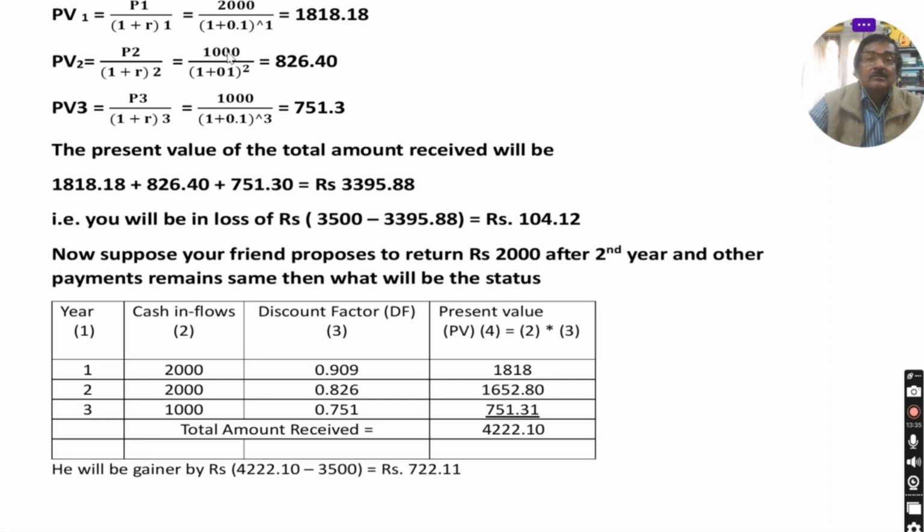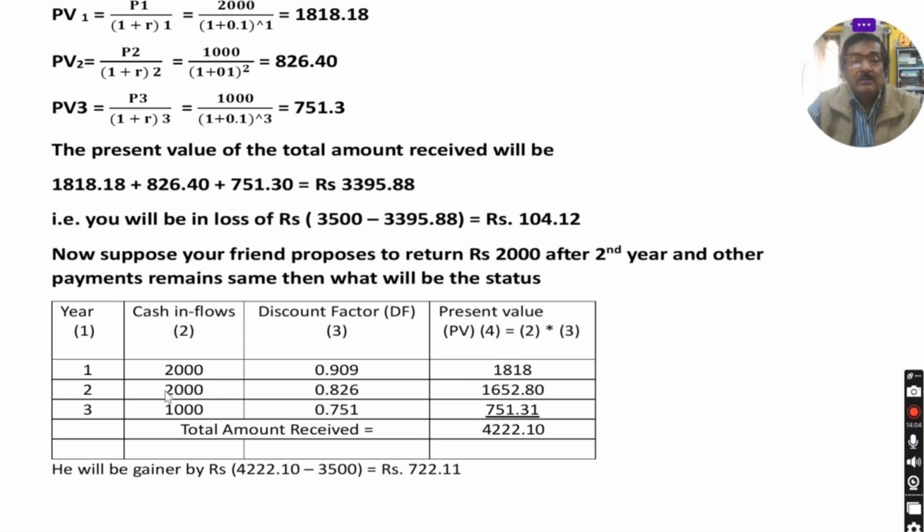The discount factor for this case, that means 1 by 1 plus 0.1 squared, will be 0.826. There is a table also, and you can get the value readily from the table, but it is better you practice it, and it is very easy to calculate through your calculator, even manually, for a minimum number of years.